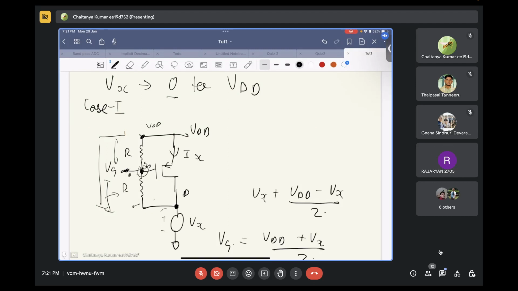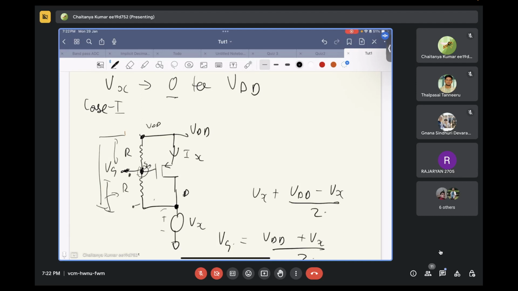So the condition for the linear or triode region of the PMOS, that is, your drain voltage should go at least 1 modulus Vt above Vg, will never be satisfied, because your Vg will always remain greater than your Vd.